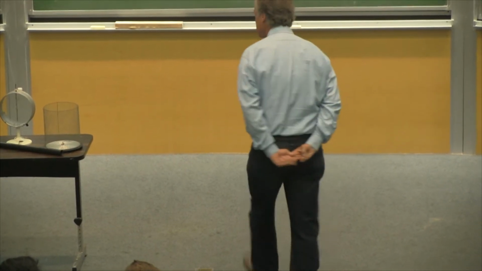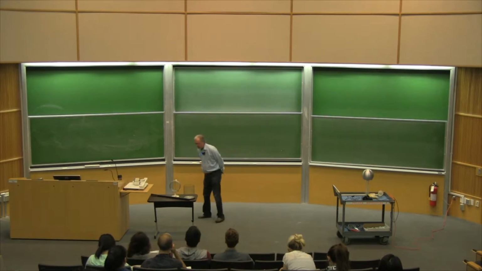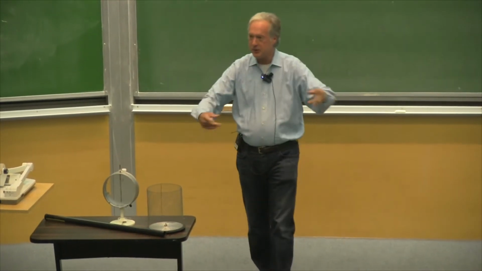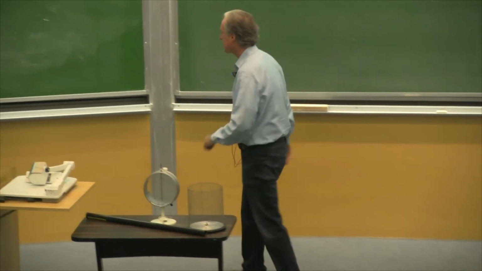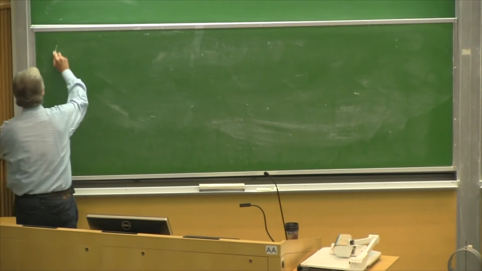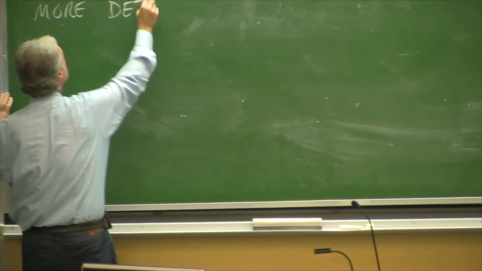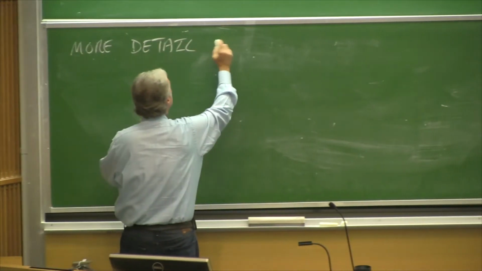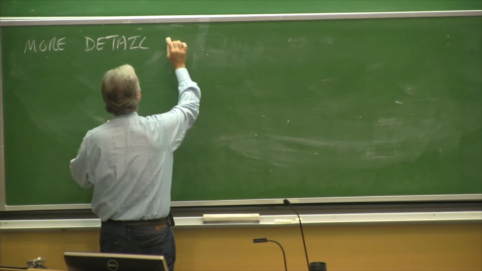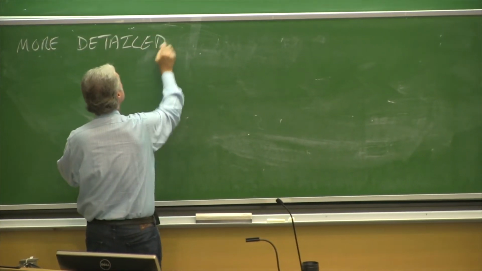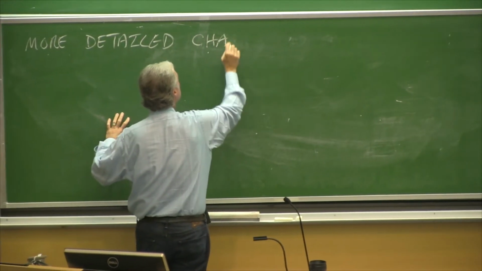Before we do our first examples here, we're going to do a little bit of calculational stuff. So let's look in more detail on charged rods. Predictions for more detailed charged rod predictions.